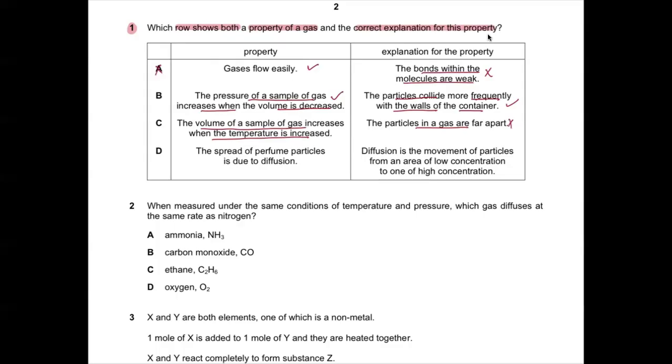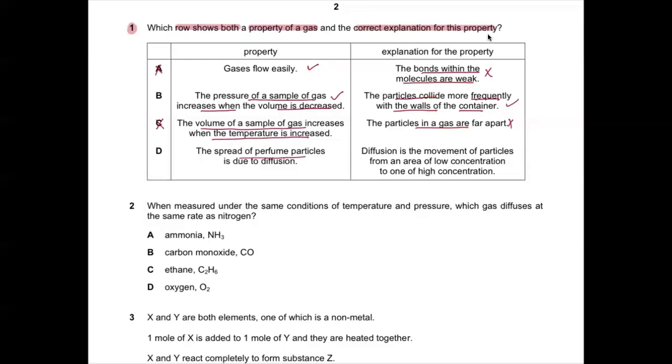It doesn't have to do with the temperature and volume relation. It's to do with the volume already being bigger for a gas as compared to the same mass in a liquid. So C goes wrong.